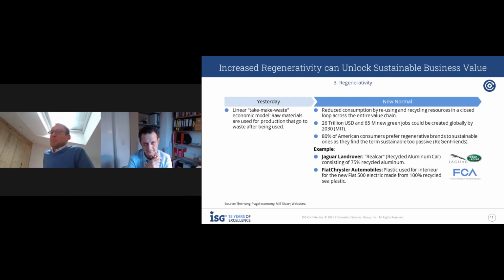They said it's recycled sea plastic, plastic collected in the sea and then recycled. So it's a good story, and you always feel good if you know that you removed some of the plastics while driving your new Fiat. Of course, it's a gimmick.